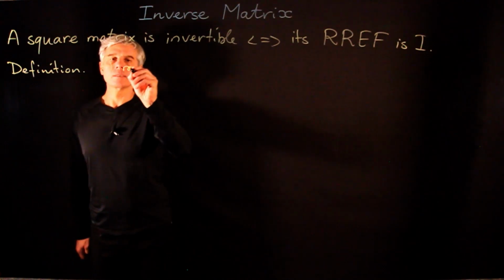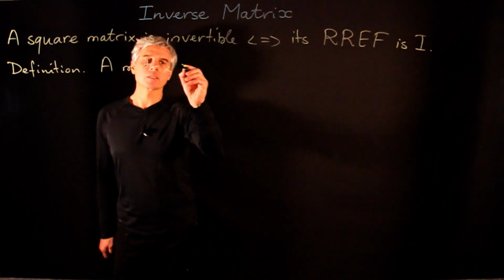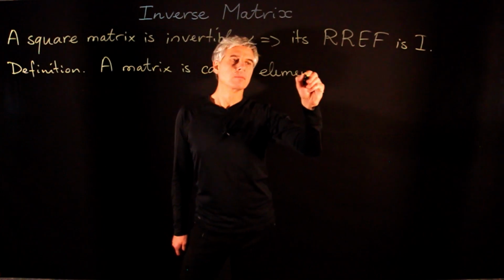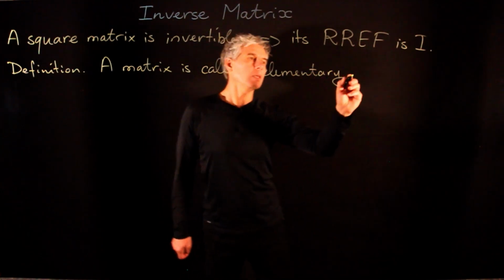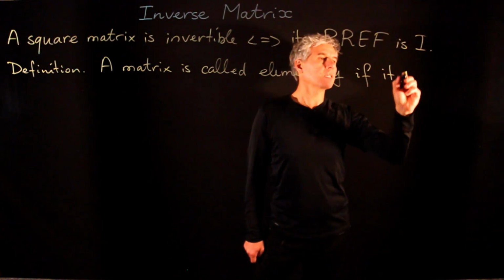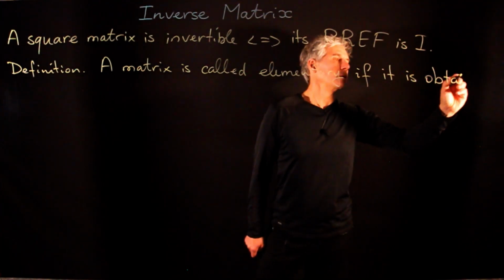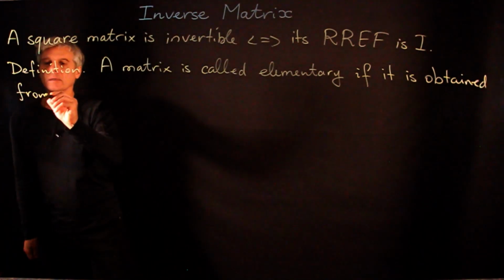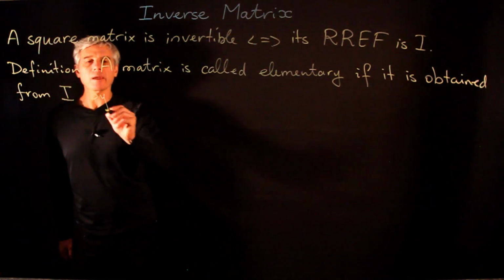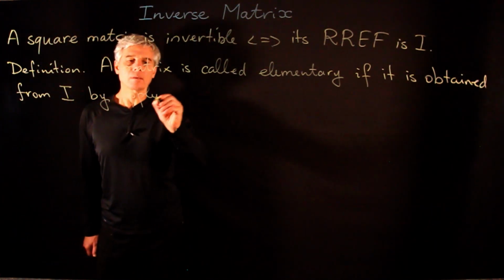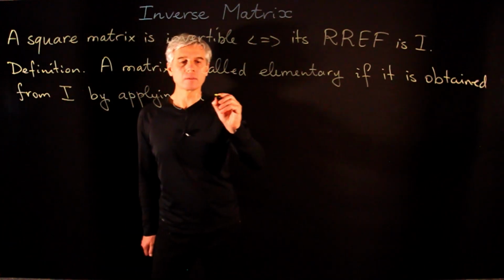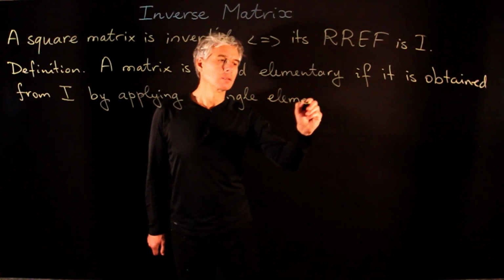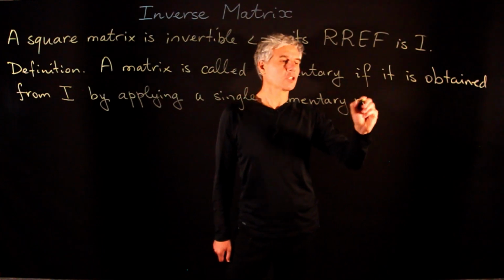A matrix is called elementary if it is obtained from identity matrix by applying a single elementary row operation.